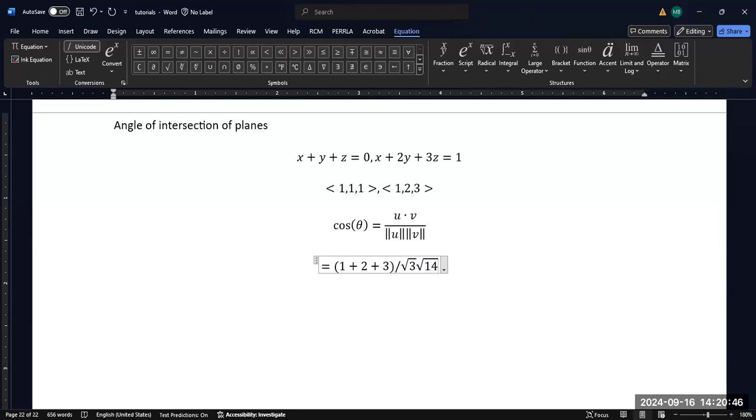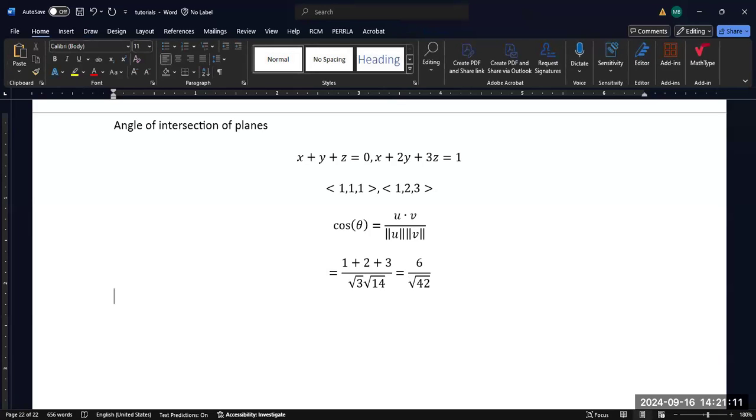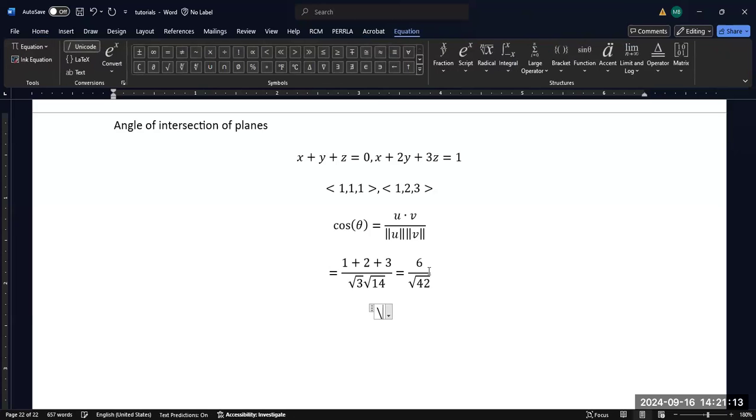It's going to give me 14. And so if I simplify this, I'm going to get 6 over the square root of 3 times 14, which is, I believe, 42. And then to get the angle, we would just take the inverse cosine.